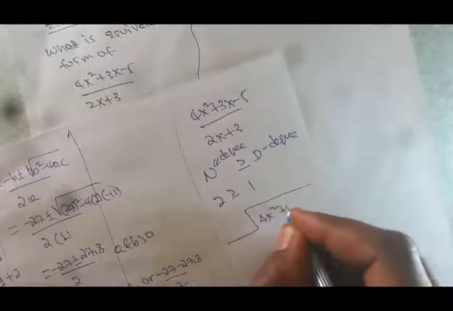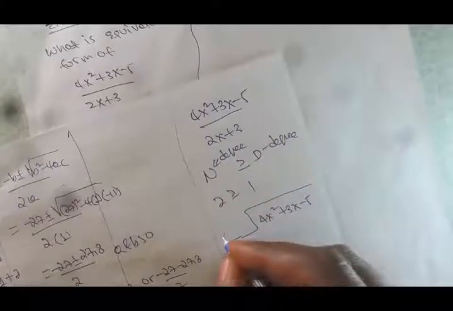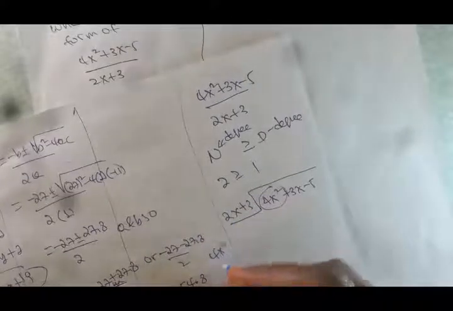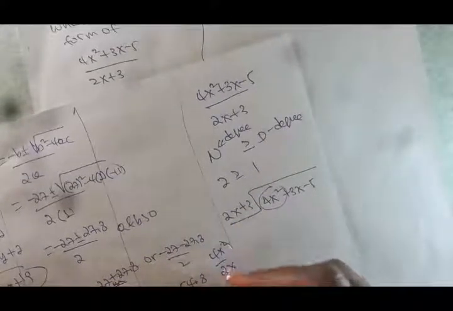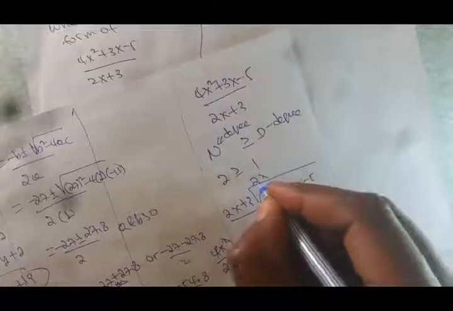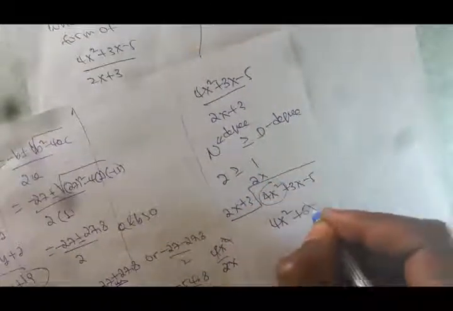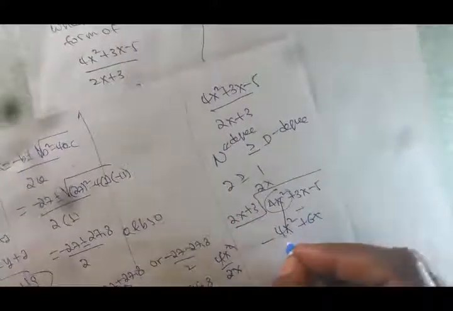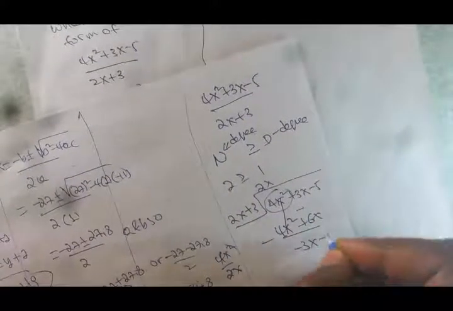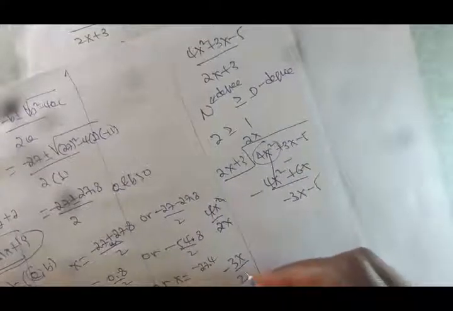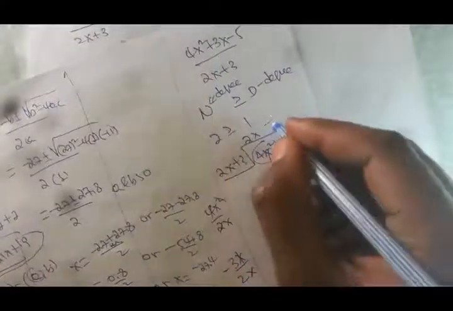4x squared plus 3x minus 5, divided by 2x plus 3. So the first thing is dividing this by this. 4x squared divided by 2x, this will be cancelled and it becomes 2x. Then 2x multiplied by 2x plus 3 gives 4x squared plus 6x, minus this, will be cancelled, minus 3x minus 5. So dividing this by this, minus 3x divided by 2x, this will be cancelled and it becomes minus 3 over 2.